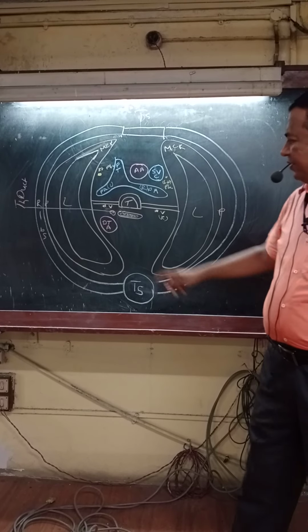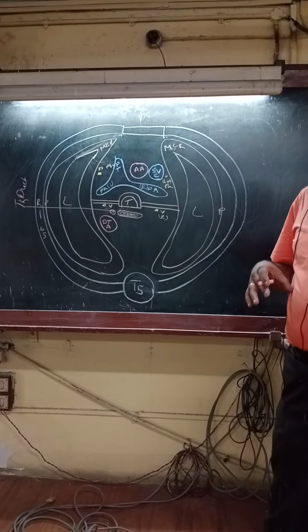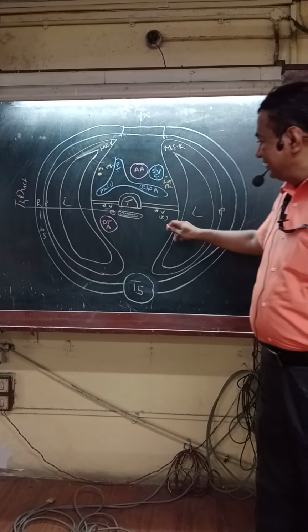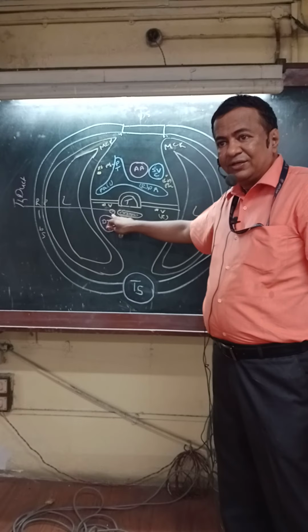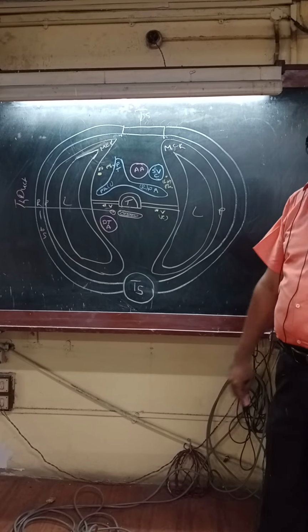The thoracic duct, which was on the right side till T5 level, has now started moving to the left side. This is the left side. This is the right side.